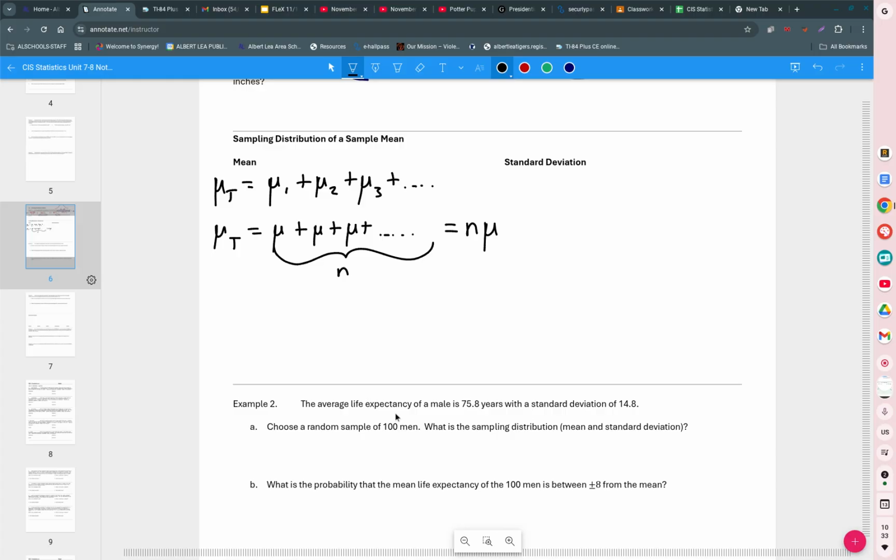Now we can do a similar situation here with standard deviation. If you remember, when we looked at standard deviation, combined variables, we actually looked at combining the variance. So the variance, we would take one variance, we'd add it to another variance, we would add it to another variance, so on and so forth. Those variances would be different each time.